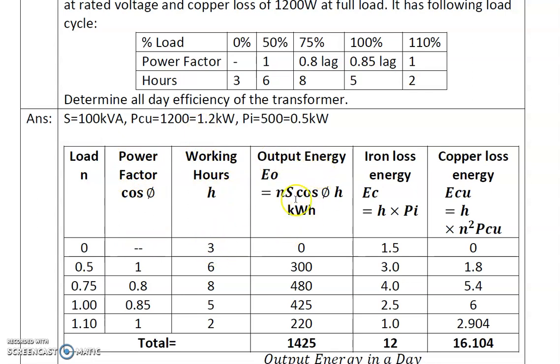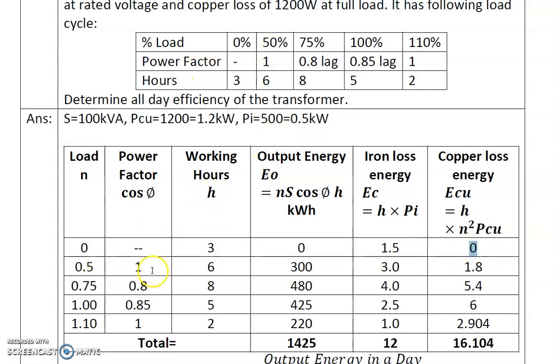Output energy is 0 as load is 0%, but still 3 into 0.5 gives you 1.5 kWh iron loss taking place though there is no load. Obviously no load means N is equal to 0, hence no copper loss.